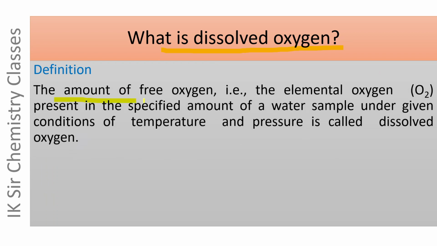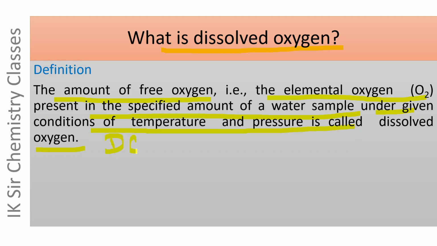the amount of free oxygen, that is elemental oxygen O2, present in the specified amount of a water sample under given conditions of temperature and pressure, is called dissolved oxygen, which is abbreviated as DO.